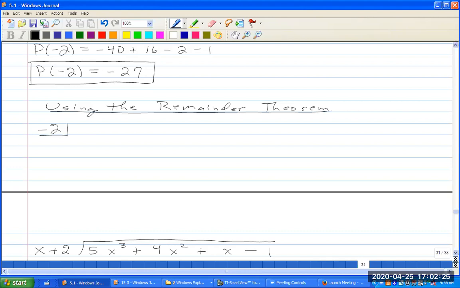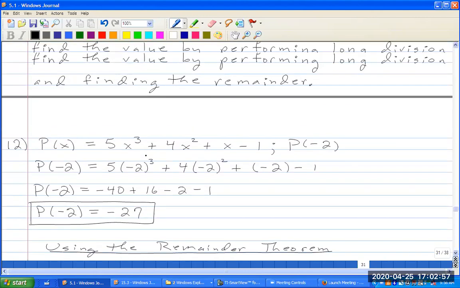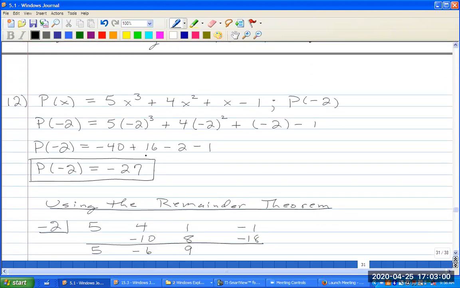So it'd be 5x cubed plus 4x squared plus 1x minus 1. Drop down the 5, 5 times -2 is -10, plus 4 is -6, times -2 is 12, plus 1 is 13, times -2 is, let me just check. 5x cubed plus 4x squared plus x minus 1.